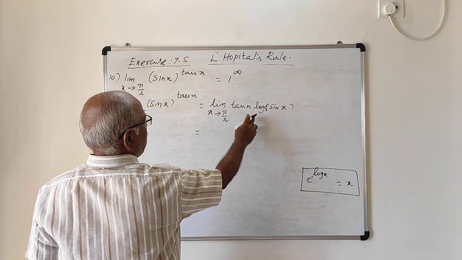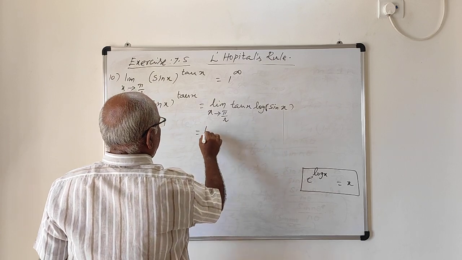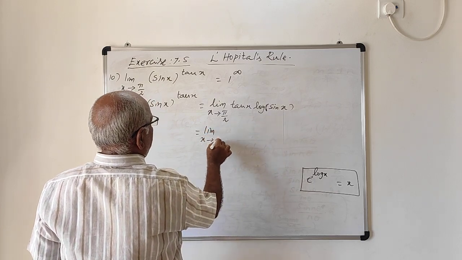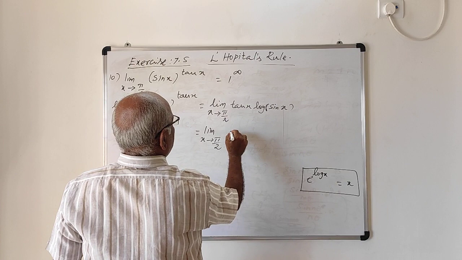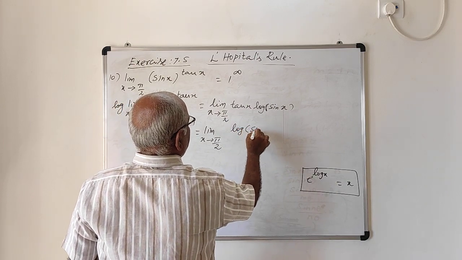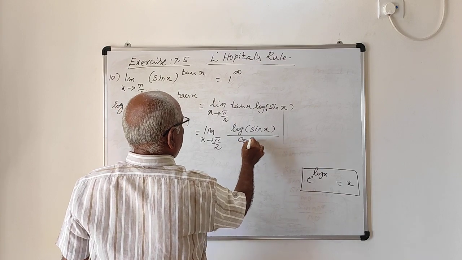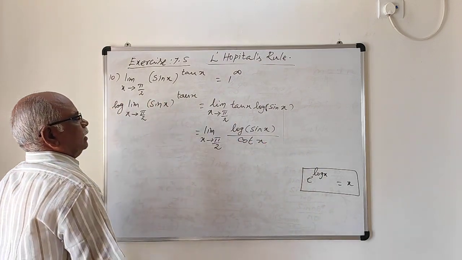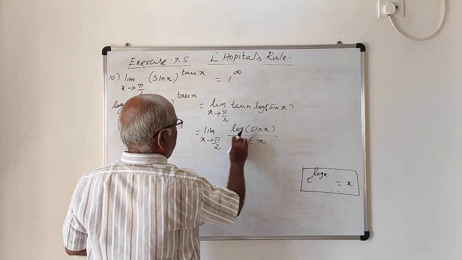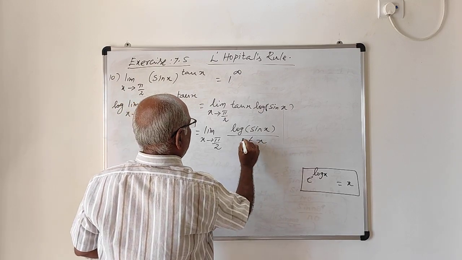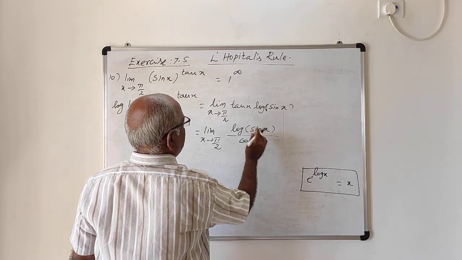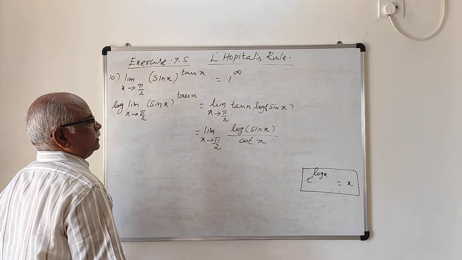So this is equal to limit x tends to pi by 2, log sin x in the numerator, and tan x brought into the denominator becomes cot x, since 1 by tan x is cot x.